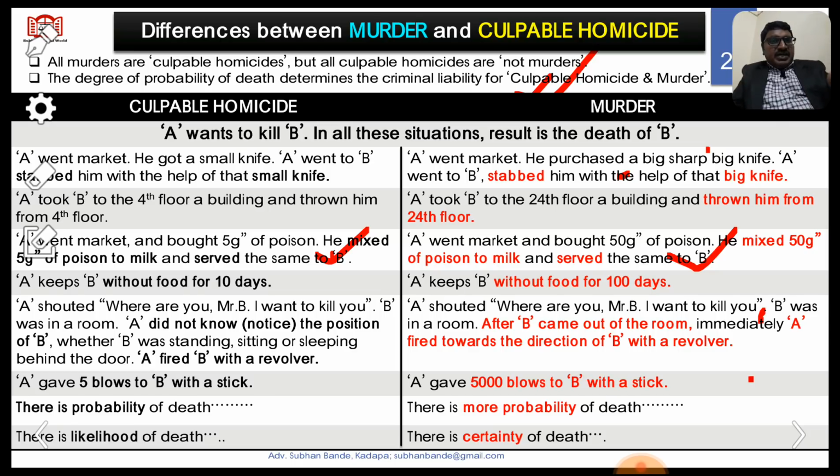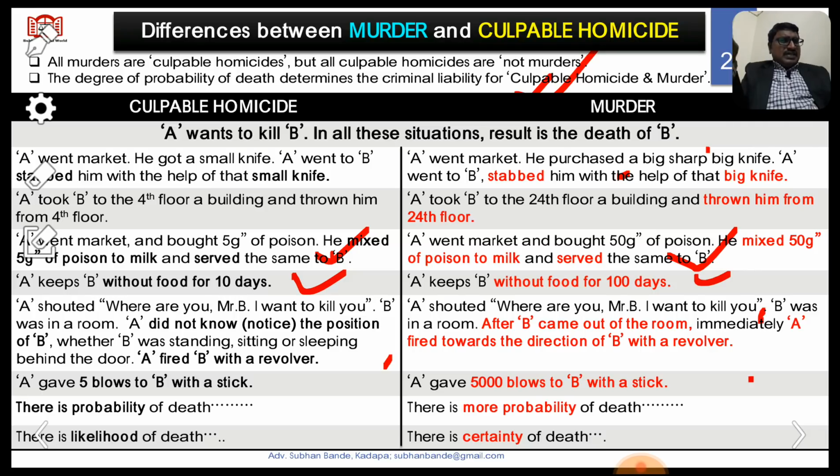A wants to kill Mr. B. With that intention, A confines Mr. B without food for 10 days. That results in the death of Mr. B. In the second condition, A confined Mr. B and kept Mr. B without providing food for 100 days.